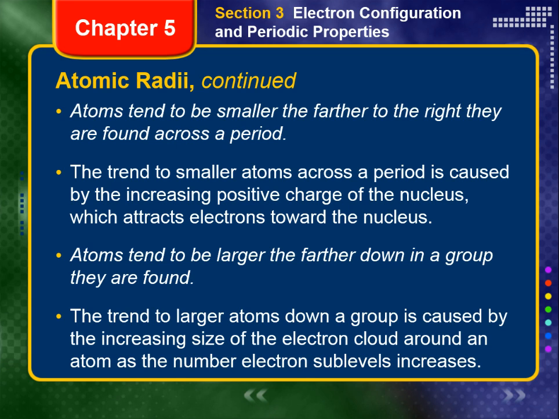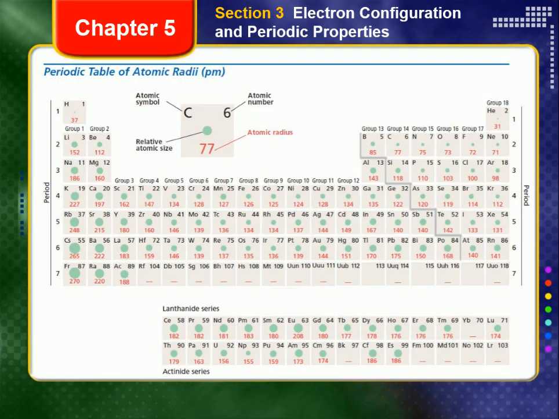The attraction of the nucleus is somewhat offset by repulsion among the increased number of electrons in the same outer energy level. As a result, the difference in the radii between neighboring atoms in each period grows smaller. Group trends.